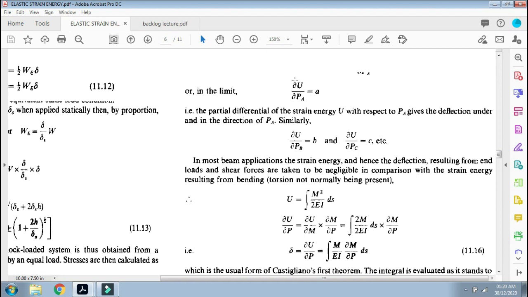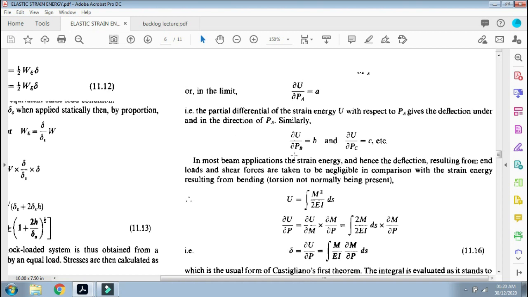If you have the strain energy function and you want to find the deflection at any point, you differentiate that strain energy function with respect to the force acting at that specific location A. So partial U over partial P, where P is the force acting at point A, will give you the deflection at A. It can be another point B, so it will be partial U over partial PB, which gives the deflection at point B. So the partial derivative of the strain energy U with respect to PA gives the deflection under and in the direction of PA.